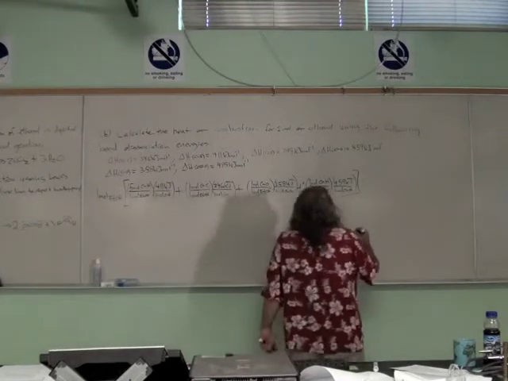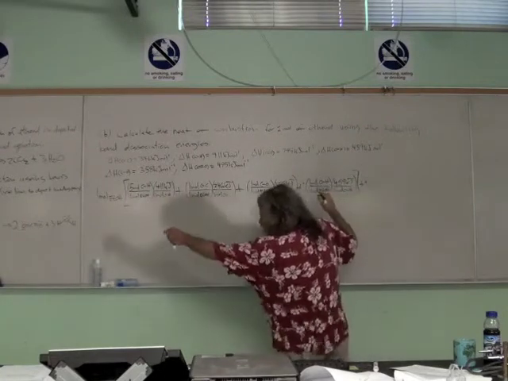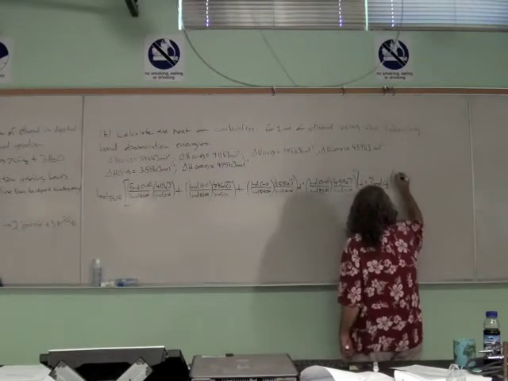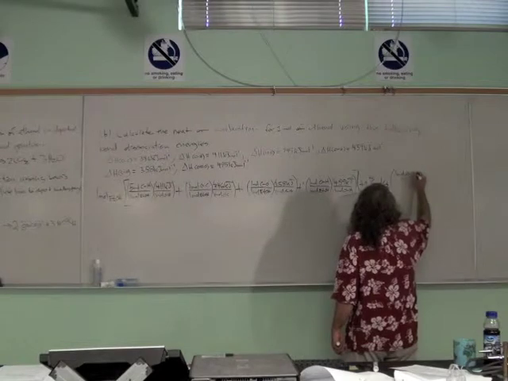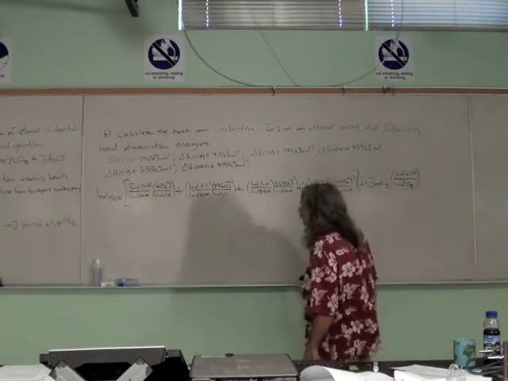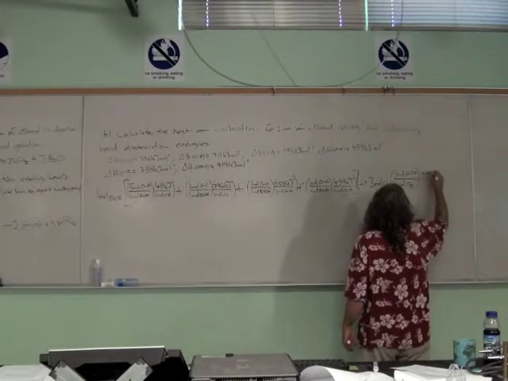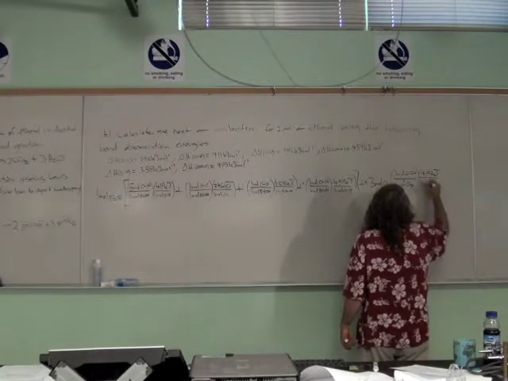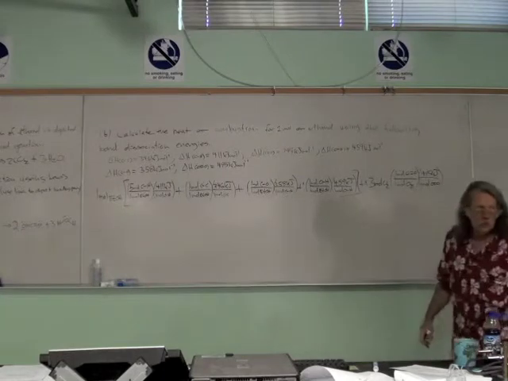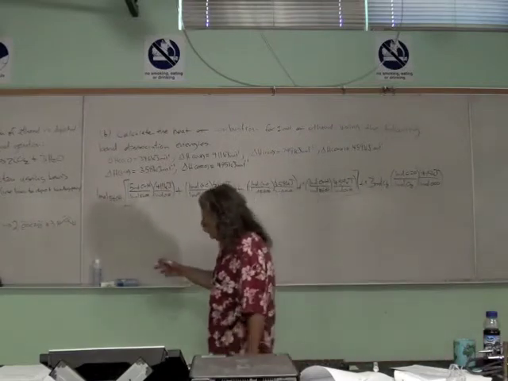So it's going to be plus 1 mole, or how many moles of oxygen are there? 3 moles of O2, and there is 1 mole of oxygen-oxygen double bond for every 1 mole of O2, and there is, where is it? 495 kilojoules for every 1 mole of O double bond O. Okay, that takes care of all the reactants. That's all positive. Now we're going to deal with the products.